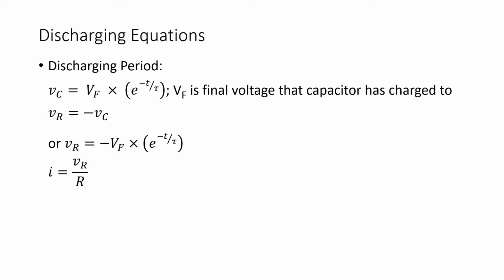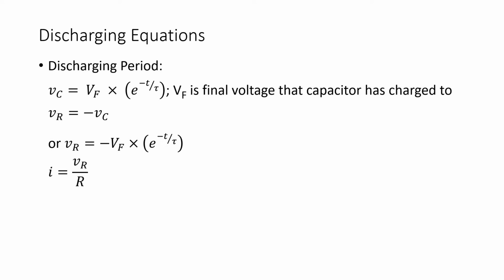Now, during the discharging period, we use this equation shown, VC equals V final times e to the negative t over tau power, where VF is the final voltage that the capacitor has charged to. And again, during the discharging period, VR equals negative VC.